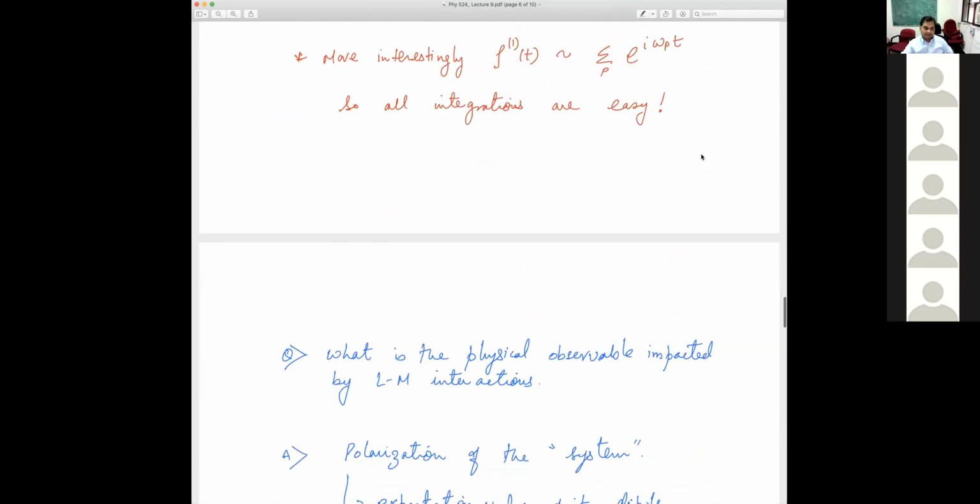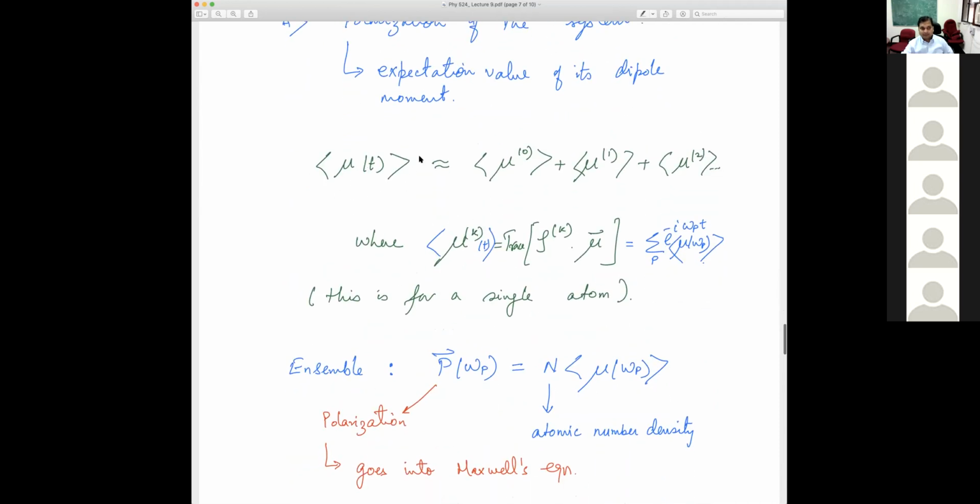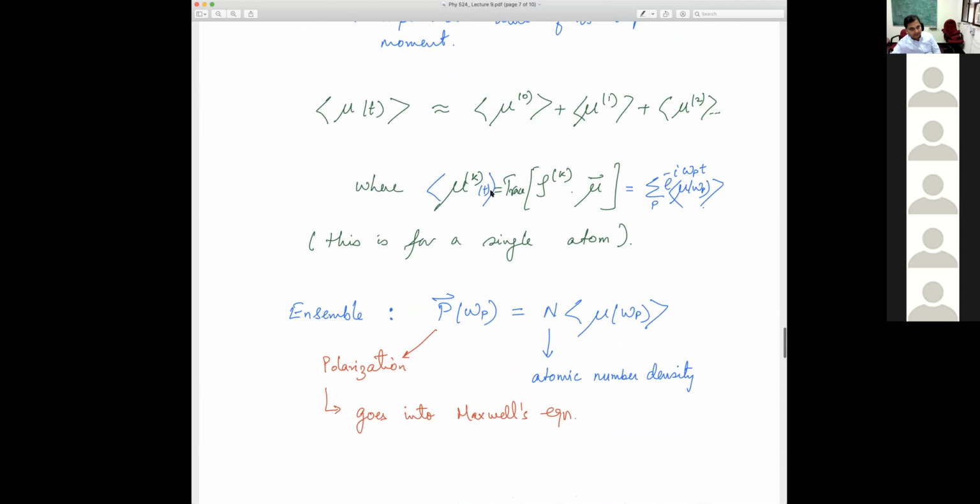Okay. And once we had this density matrix, we argued that I can calculate the dipole moment of a single atom. And just like the density matrix occurs as powers of the electric field, I can have the dipole moment also having zeroth order correction, first order, second order correction, where the superscript refers to the power of the electric field. Okay.